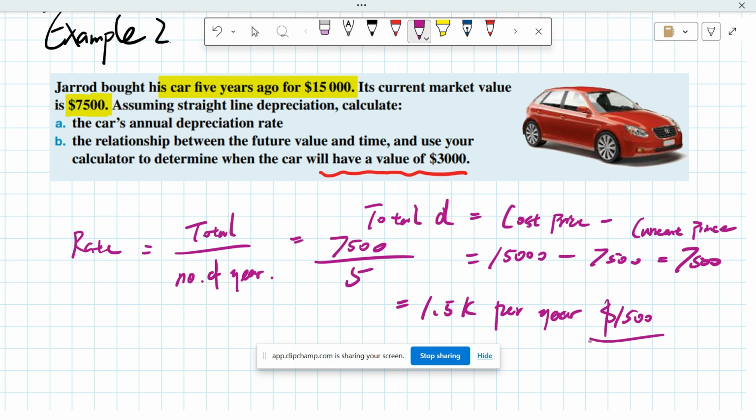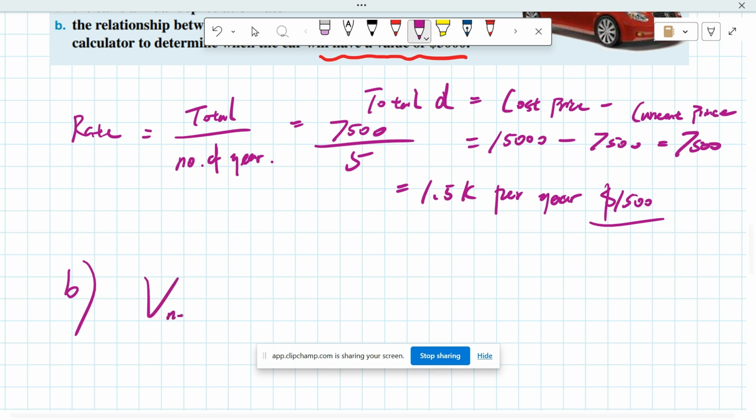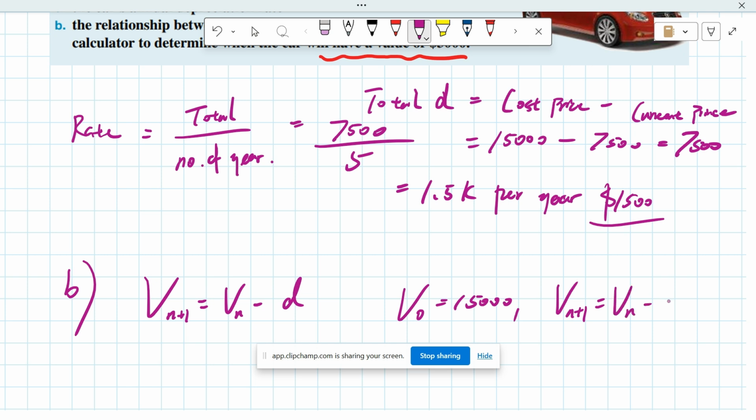Hopefully that kind of makes sense. Now what we do is Vn plus 1 equals Vn minus d, where V0 equals $15,000 and Vn plus 1 equals Vn minus $1,500.